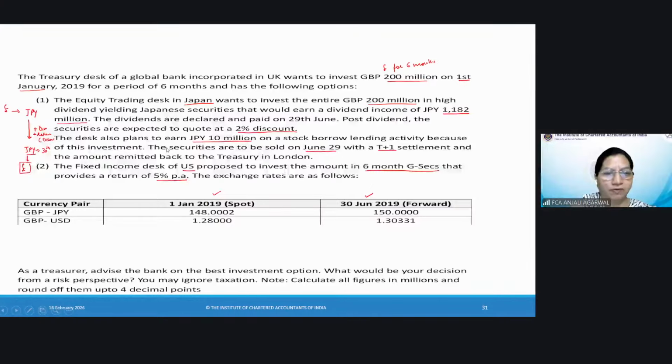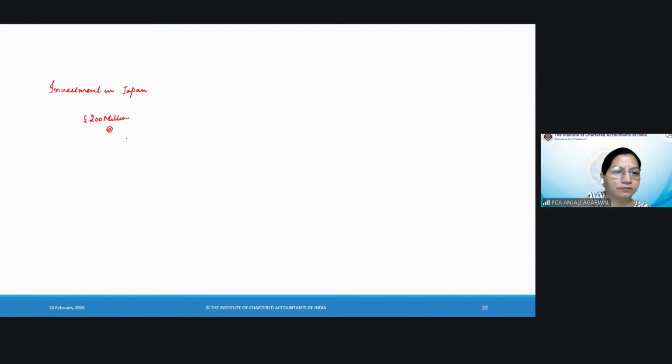All right, let's first make investment in Japan. £200 million at the rate of 148.0002.